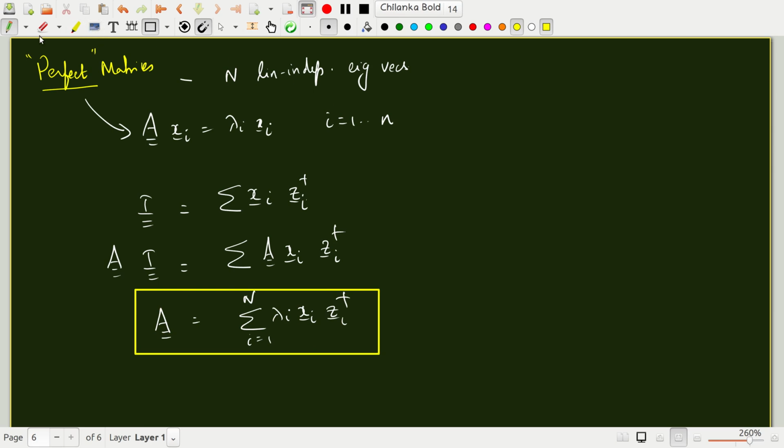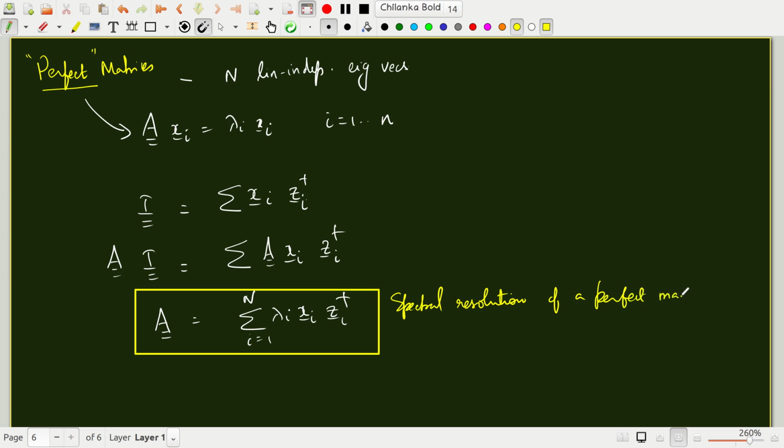This is the spectral resolution of a perfect matrix.